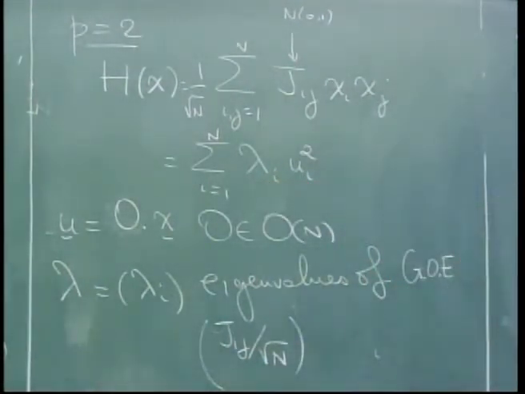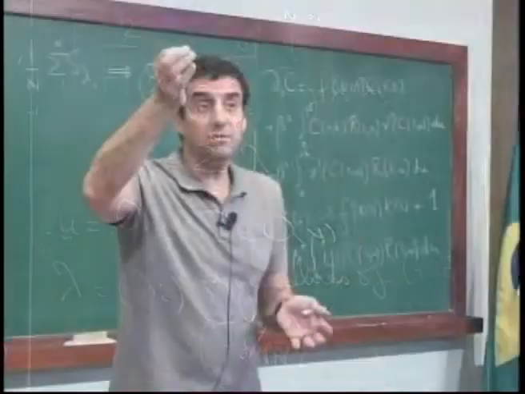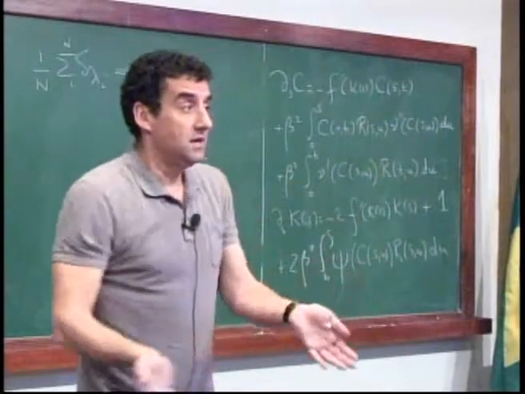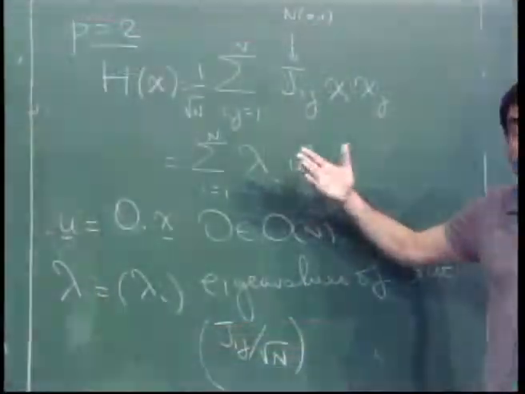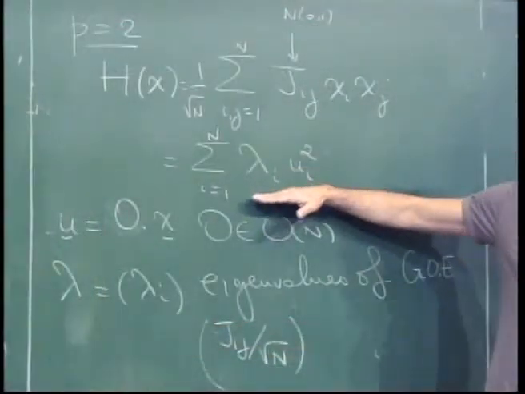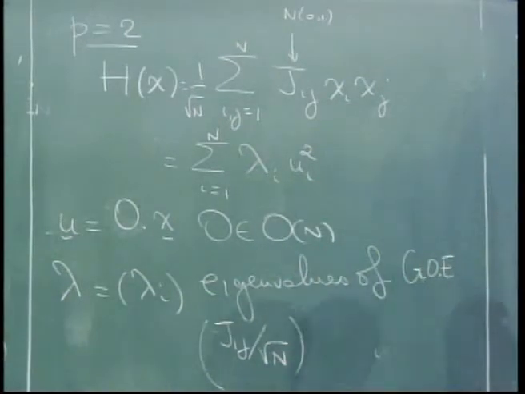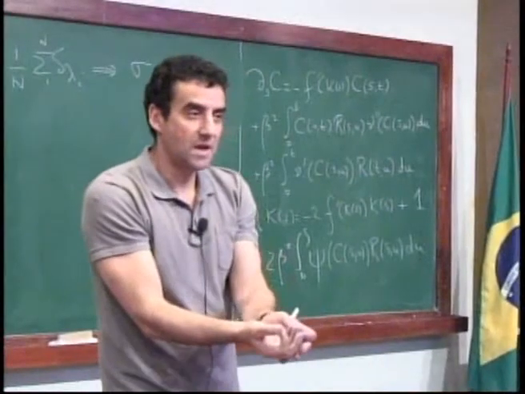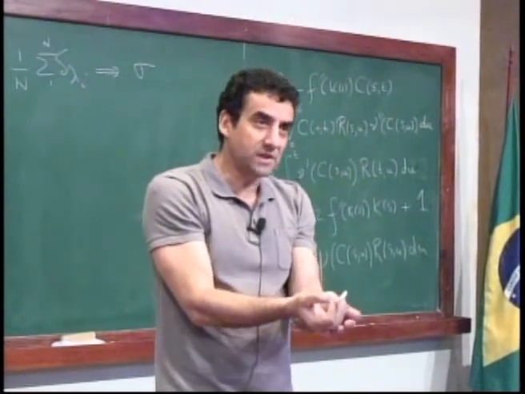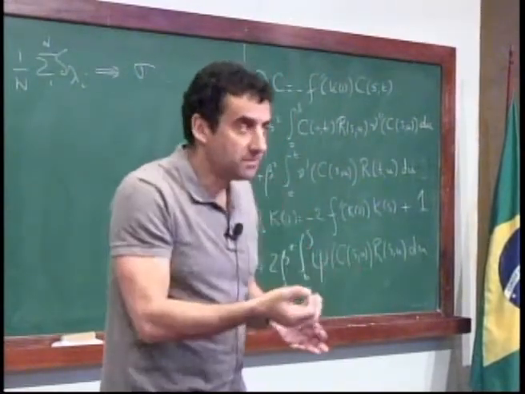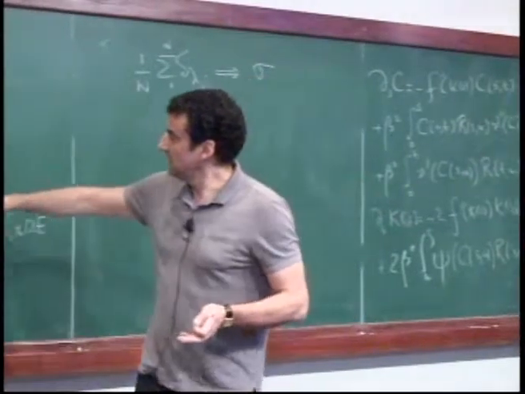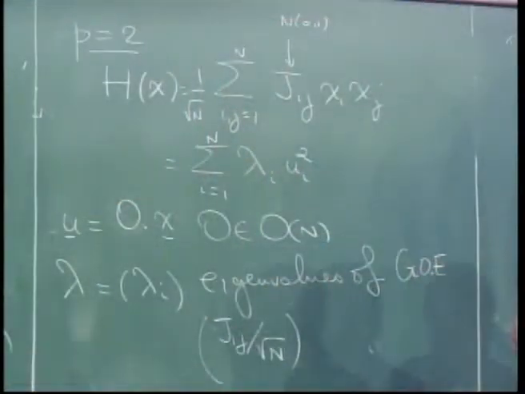Then you take a point at random, and what will it do? It will fall in. On the sphere at least, you have a quadratic potential, so you will fall along this quadratic potential until you get to the end. But what makes this interesting is that these lambda i's are random.